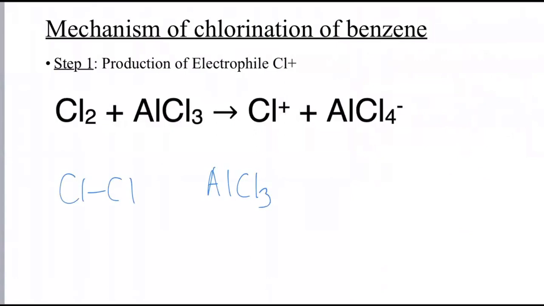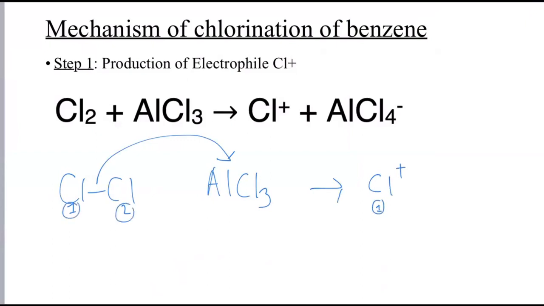If I number this Cl1, Cl2, the electrons from the bond go to Cl number 2, so Cl number 2 becomes Cl minus and Cl number 1 becomes Cl plus.